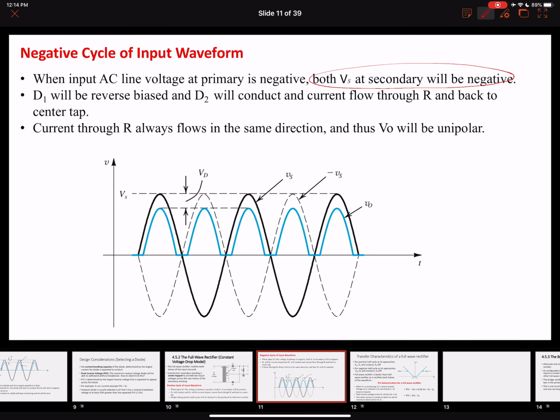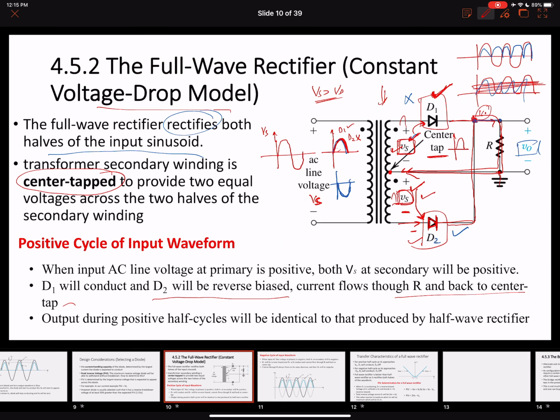So we're going to get rectification in both cases. Now D1 will be reverse bias and D2 will conduct, and the current flows through the resistor and back to the center tap, which we talked about. The important thing is why we get the same positive rectification: because the direction of the current flow is the same.